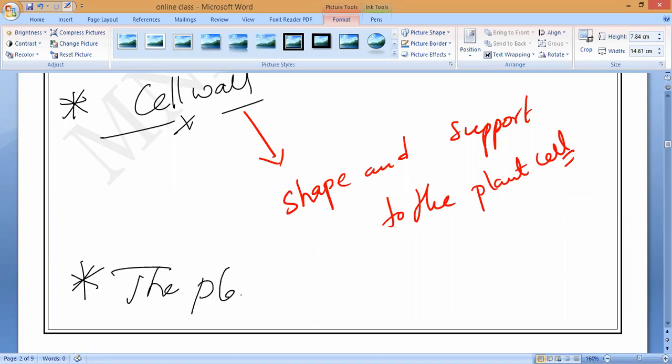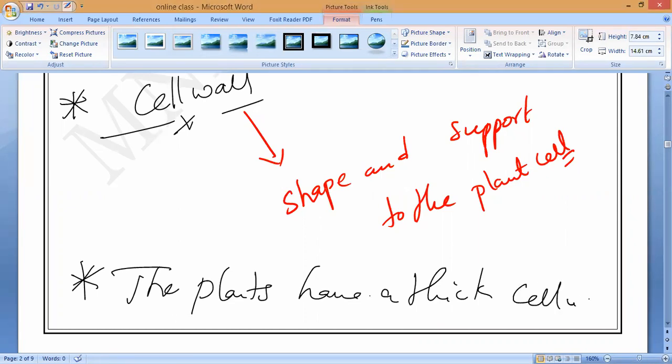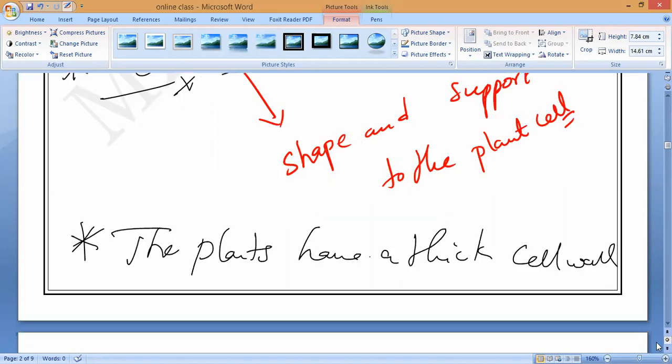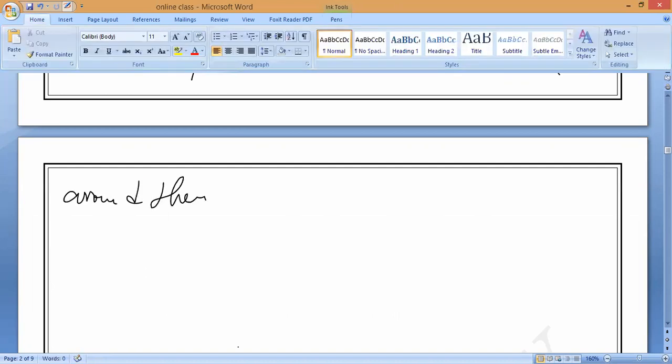Plant cells have a thick cell wall around them. That is only called what? Outside or inside? Thick, around them.